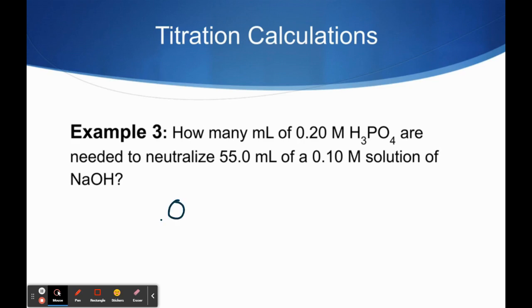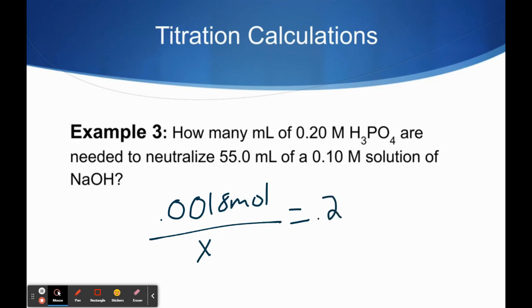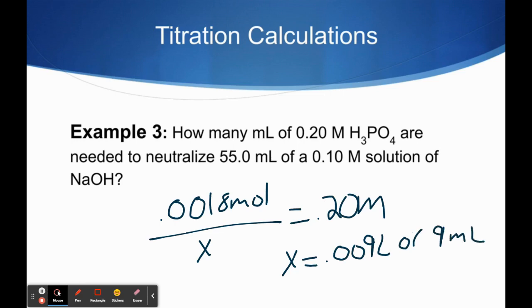So now that we have moles of H3PO4, we are going to solve for volume of H3PO4 using the concentration, which is 0.20. So when we solve for volume, you would get 0.009 liters or 9 milliliters. So you would need 9 milliliters of the 0.2 molar H3PO4 to neutralize 55 milliliters of 0.1 molar NaOH.